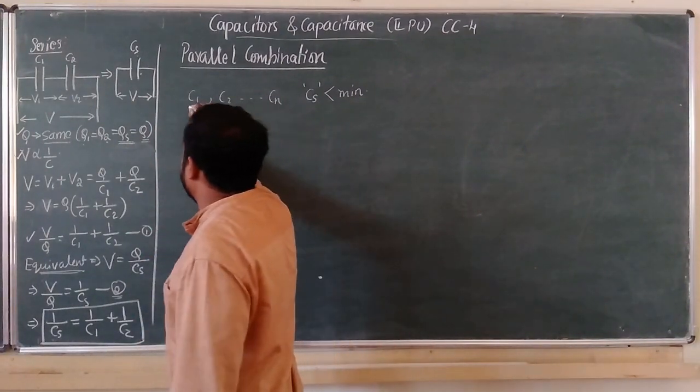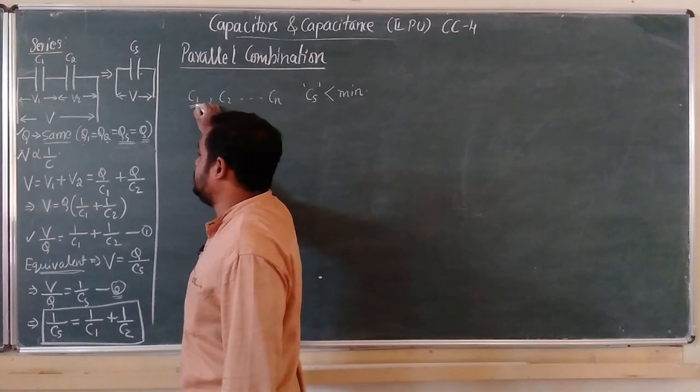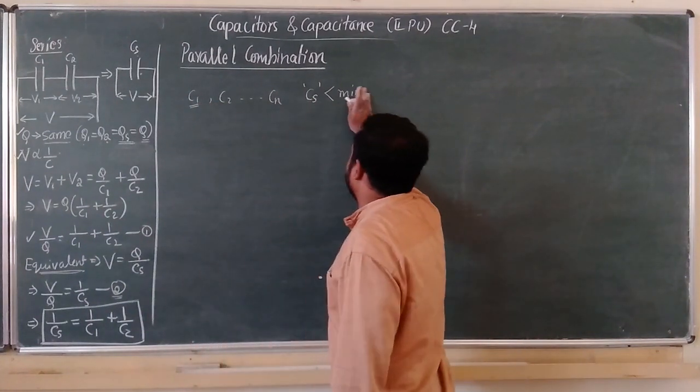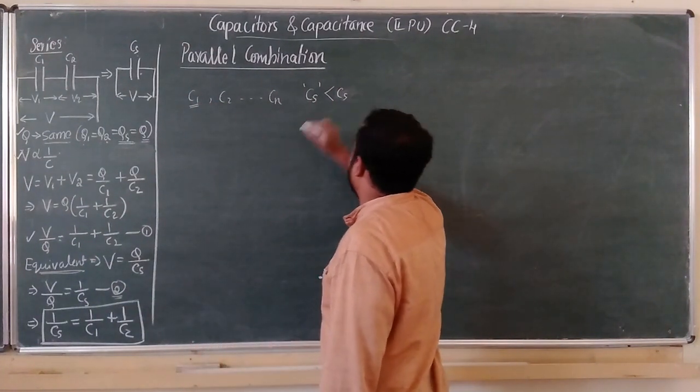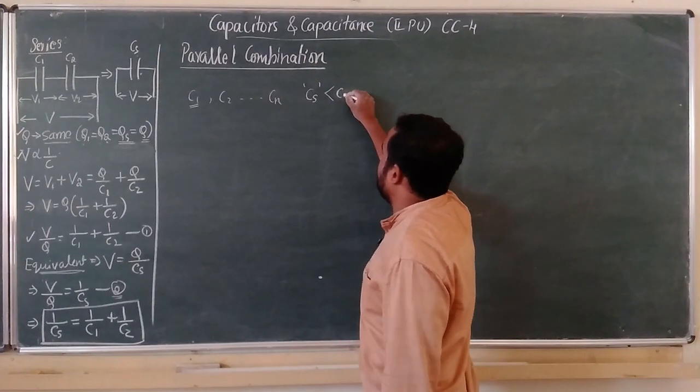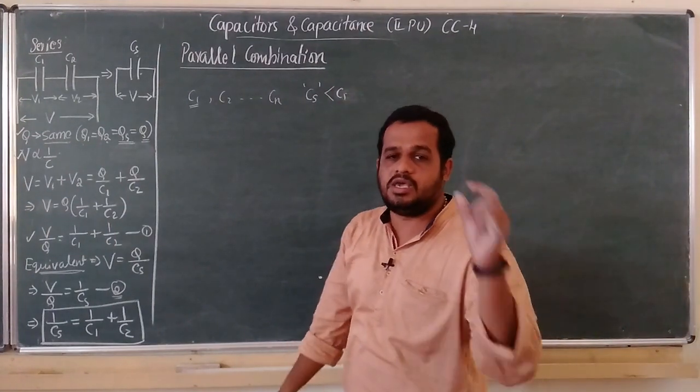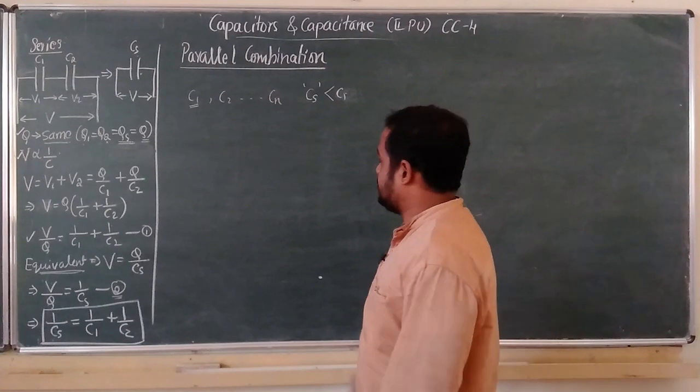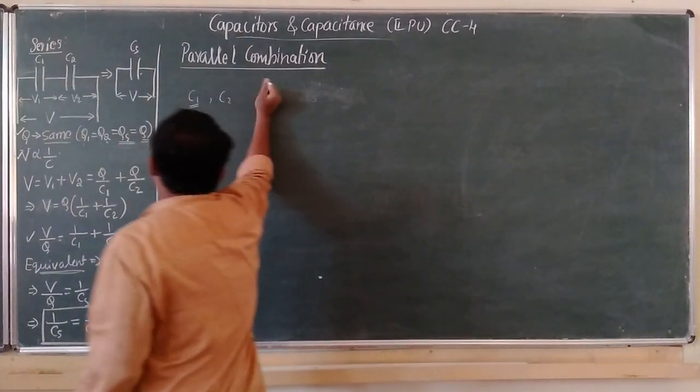If C1 is the minimum value of capacitance used in the combination, then this CS will be less than that C1. Always, series combination gives a smaller value of capacitance. So remember this point.